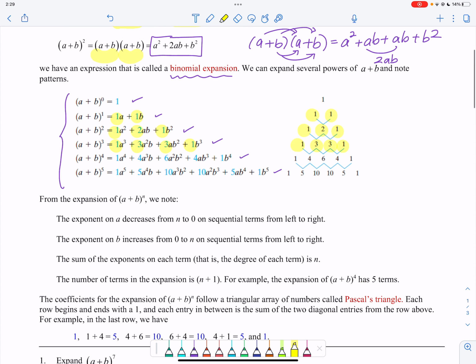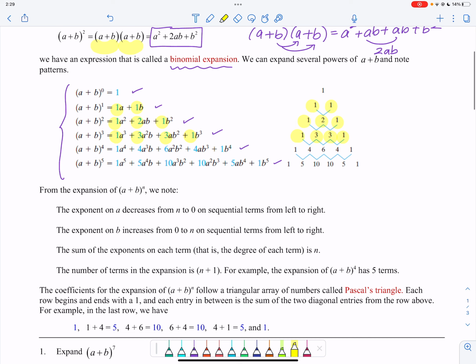From the expansion of a plus b to the nth power, we note that the exponent on a decreases from n to 0 on sequential terms from left to right. The exponent on b increases from 0 to n on sequential terms from left to right. And the sum of the exponents on each term, which is also known as the degree of the term, is n.